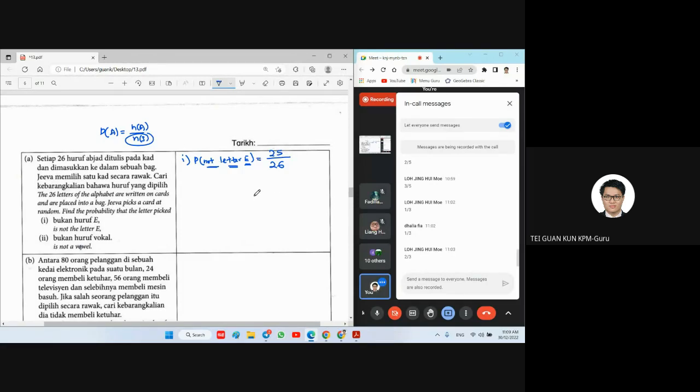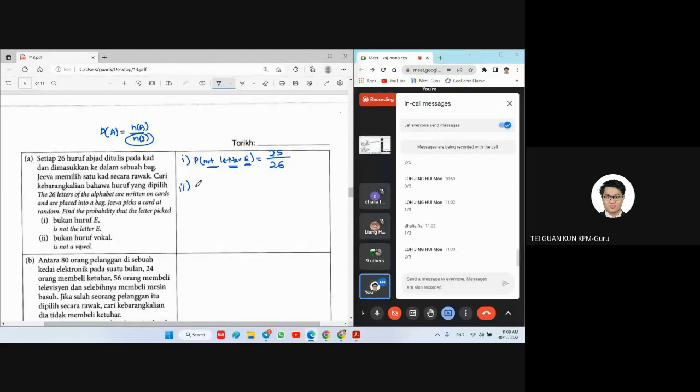That's all. Just use the formula. Letter E is only one, so those that are not number 25. 25 out of a sample space of 26. So the answer is 25 over 26.